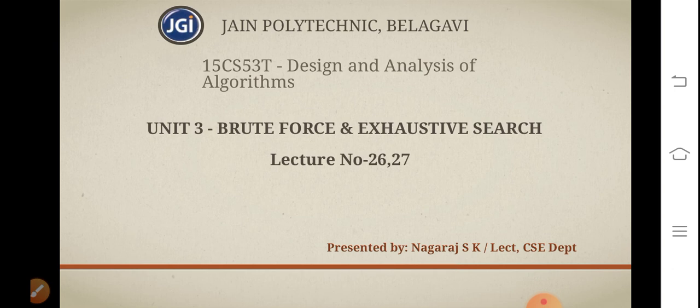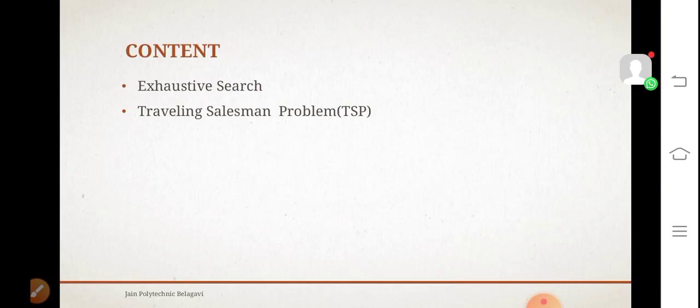So, from the third unit, brute force approach and exhaustive search approach, we'll move to lecture number 26 and 27. Here I'm going to cover exhaustive search and the traveling salesman problem.